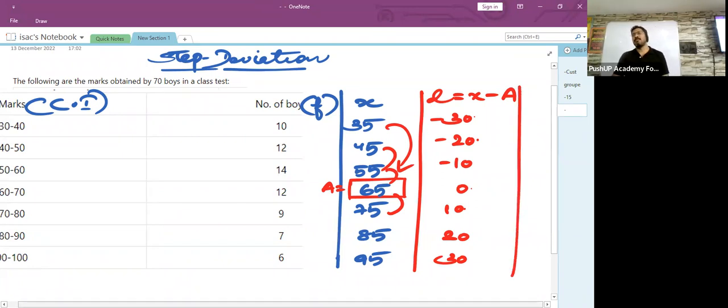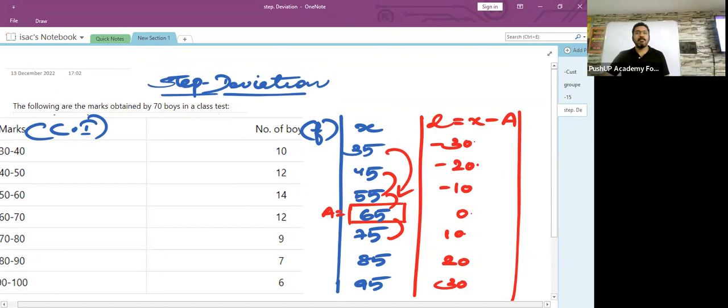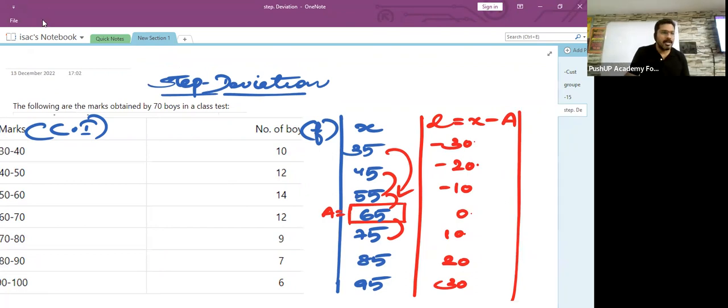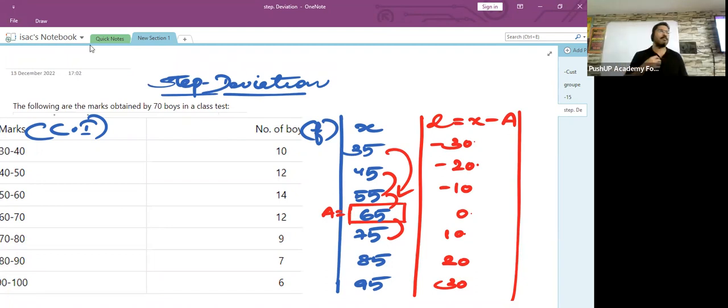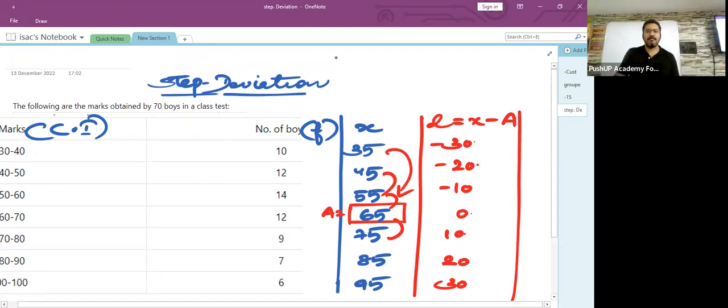Now, children, I am going to write down the formula for step deviation method. Purposely, I didn't write the formula. Please make a note of this. X bar is equal to, what is the formula for step deviation method? X bar is equal to assumed mean plus sigma f into t.